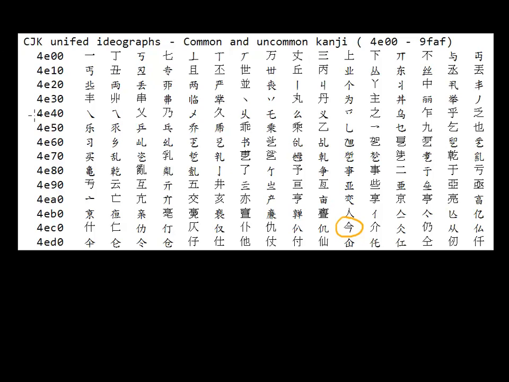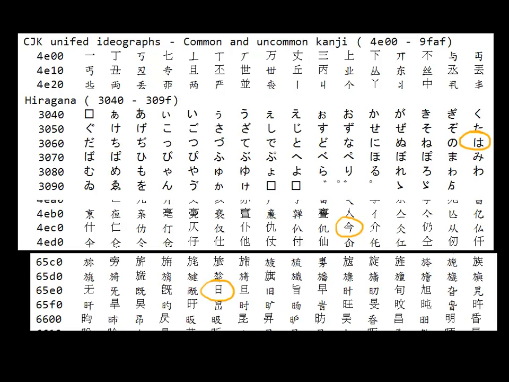So if we take a look at the Unicode here, we're looking at 4EC0 as the column, and 0, 1, 2, 3, 4, 5, 6, 7, 8, 9, and that's A. So 4ECA will equal the character kon. And this is hexadecimal here, which we're using as our counting system. And if we go on to see the next one, which is nichi and wa, then nichi here is 65E5.